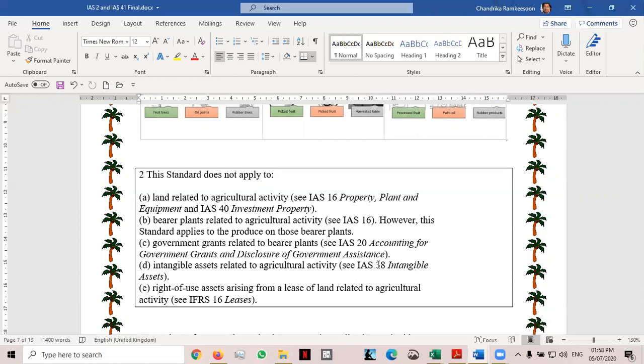However, the standard applies to the produce on those. Government grants related to bearer plants, and intangible assets related to agricultural activity. Now, as we looked at intangible assets before, that would fall under intangible assets. Right-of-use assets arising from leases would be an IFRS 16 matter.